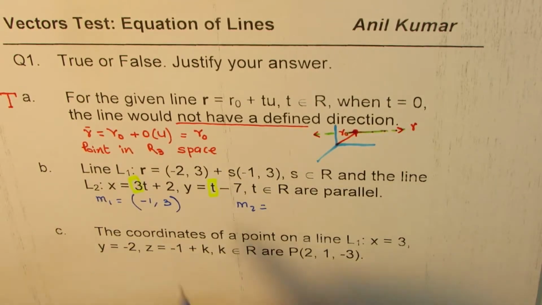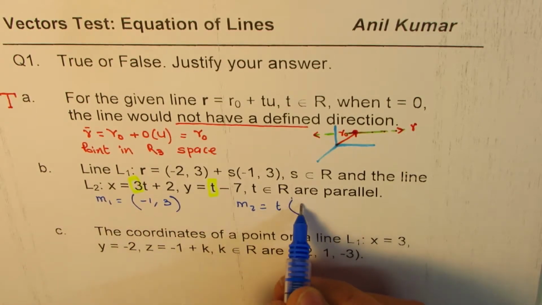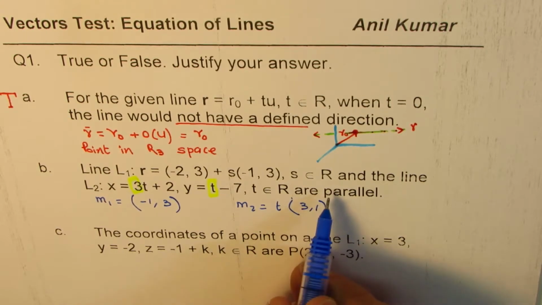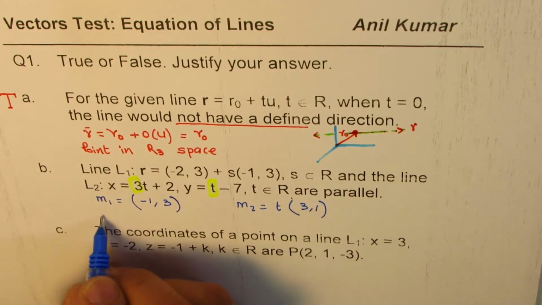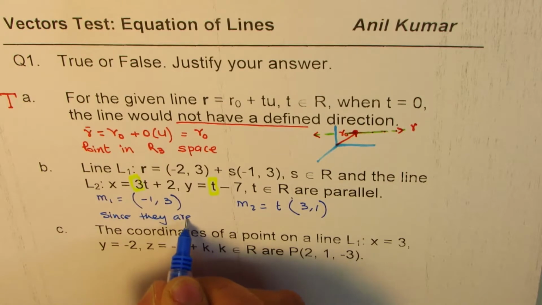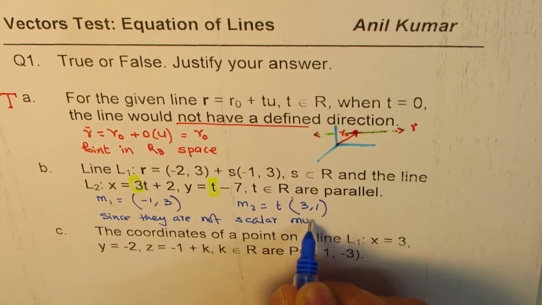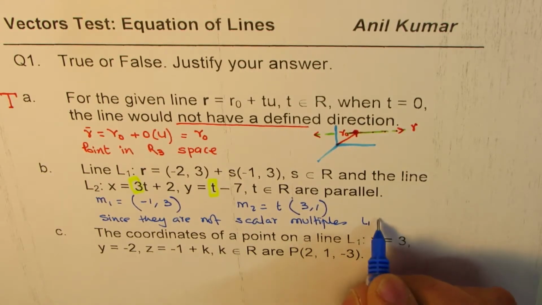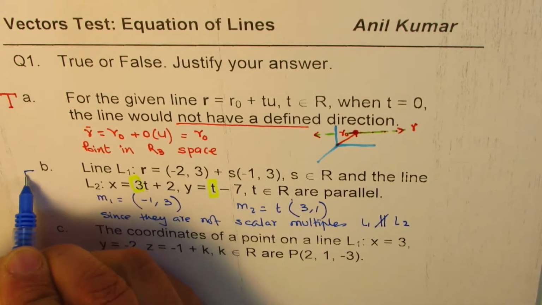You could write this as t times (3, 1). So it is (3, 1). Since they are not scalar multiples, they are not parallel. Since (-1, 3) and (3, 1) are not scalar multiples, L1 is not parallel to L2. So this statement is false.